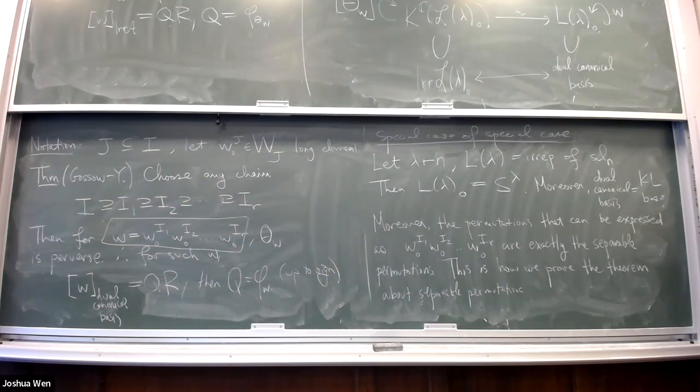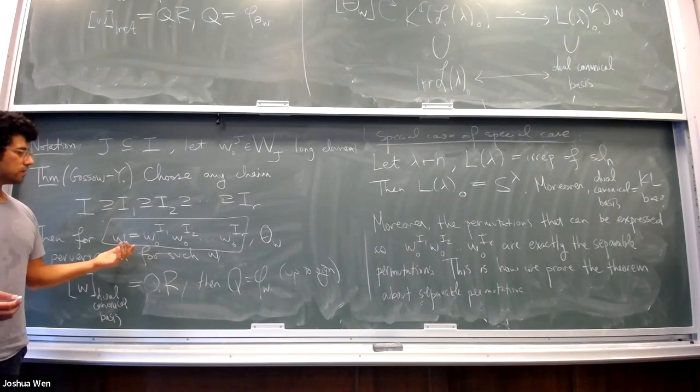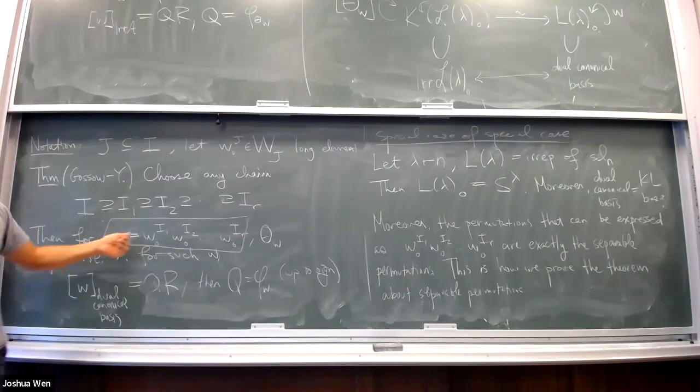Any other questions? Is there a connection to cactus? I'm trying to distill which part of the story is special to type A. Is there a notion of separable in other types? And is it related to the cactus groups, or is that a definition? So it's another one of those happy coincidences. If you look at this theorem, this is general type.